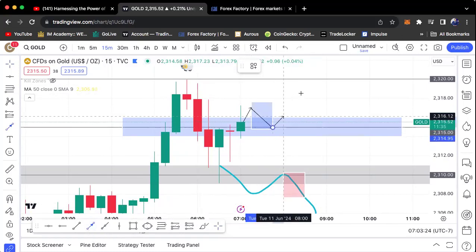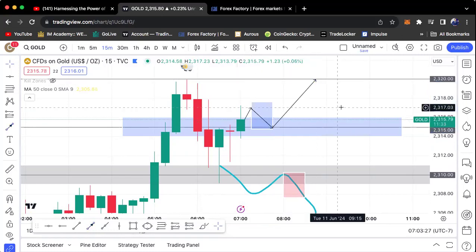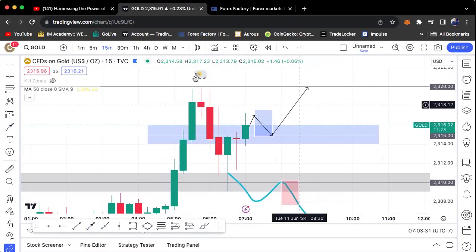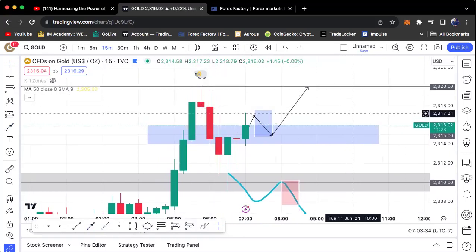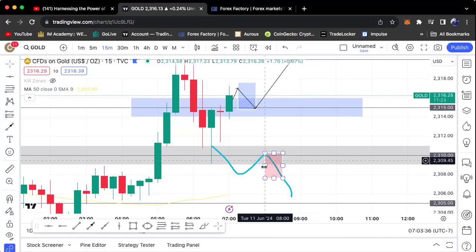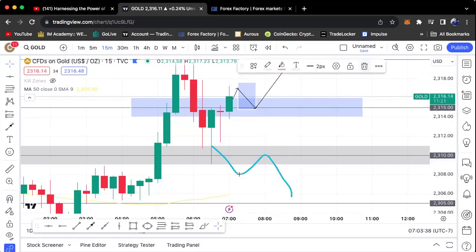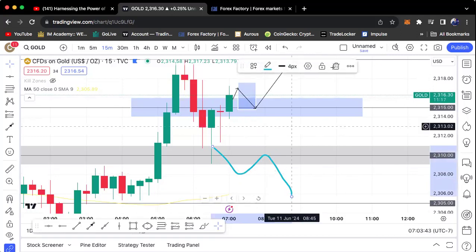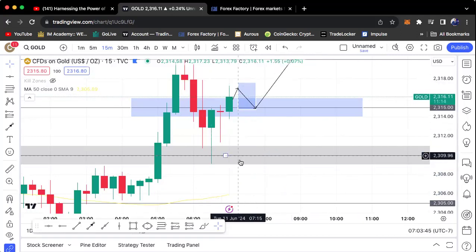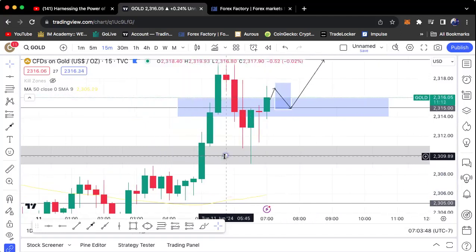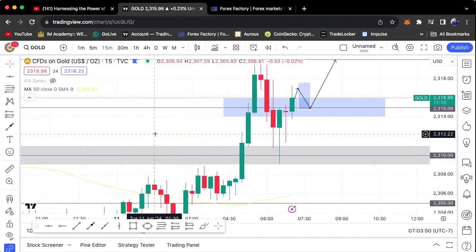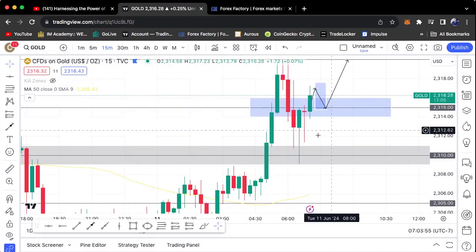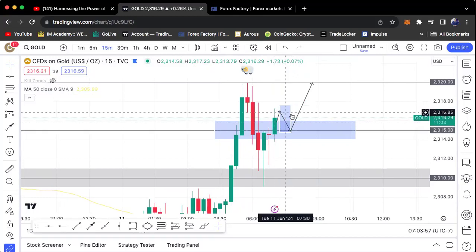Once it retests again, enter there. Remember, we have liquidity up here, so we could see price pushing towards the upside. It failed to create a lower low here, failed to break below this structure. Price broke above, came the retest, and now it's going to break structure up here as well.